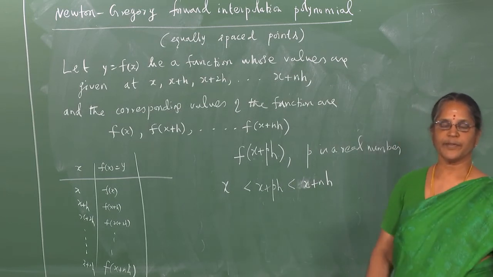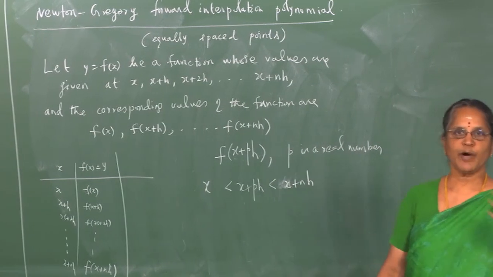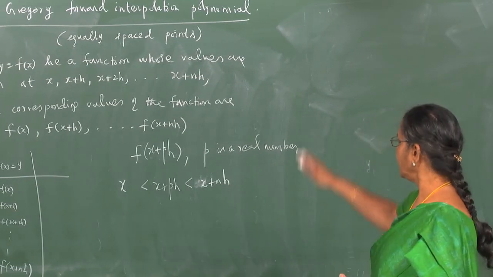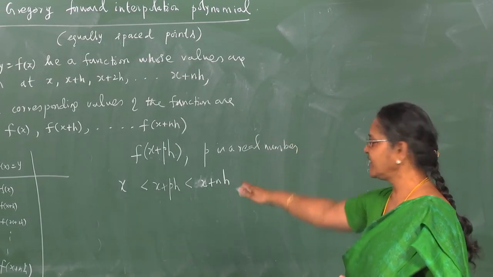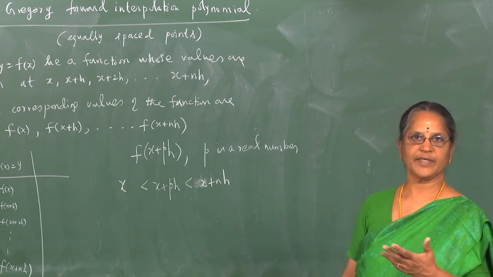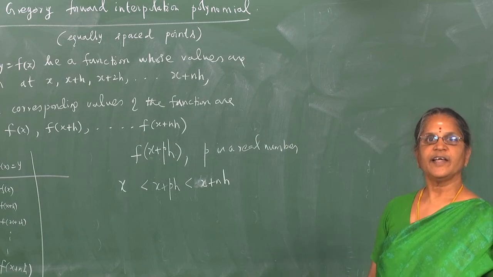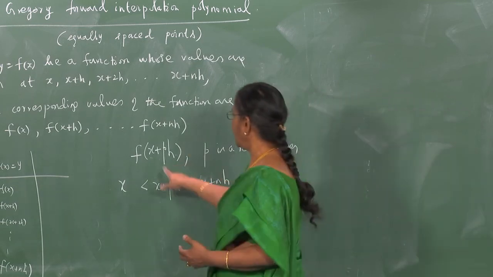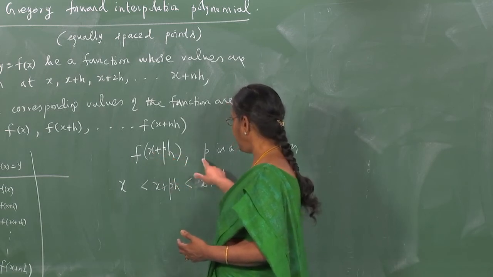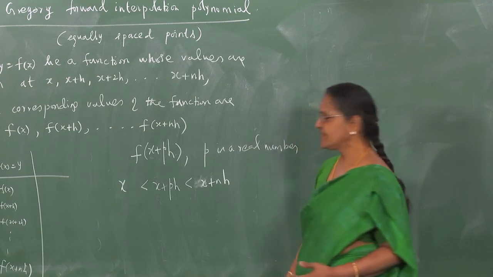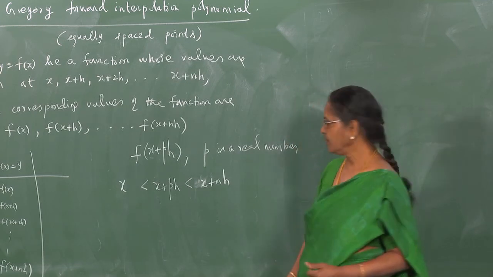That is our problem. Problem 1 is to obtain an interpolation polynomial that interpolates the function at a set of given points. When we are done with that, what is the estimate of the function f at x plus ph, where p is a real number and x plus ph lies between x and x plus nh.